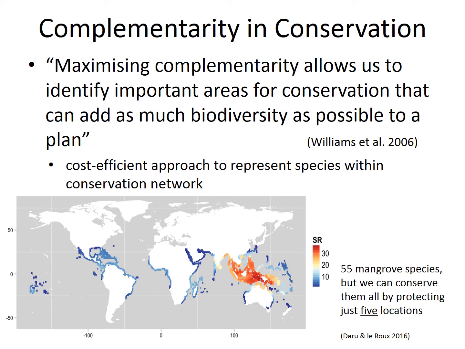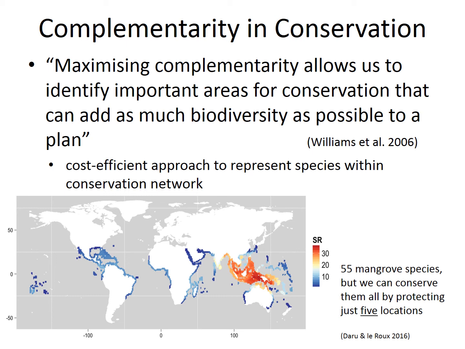An example on the bottom of the slide here is the distribution of the world's 55 mangrove species. You can imagine that if we were to conserve the areas with the highest mangrove species richness, we'd be selecting lots of areas around the Philippines and Indonesia. However, if those were the areas that we were conserving, we'd be missing some of the species.